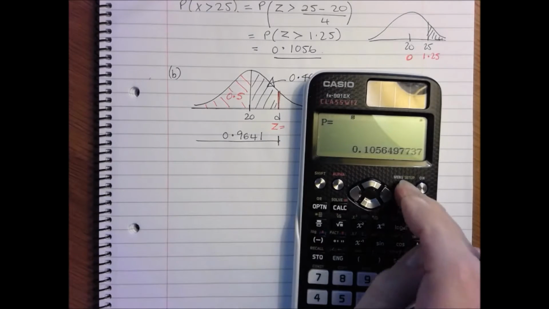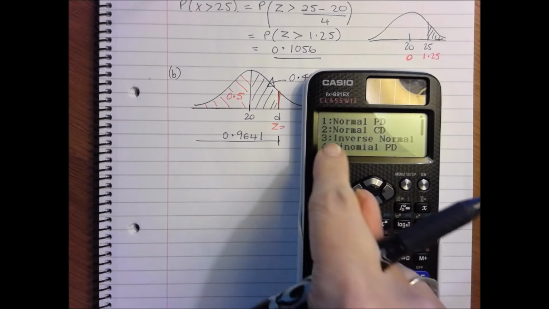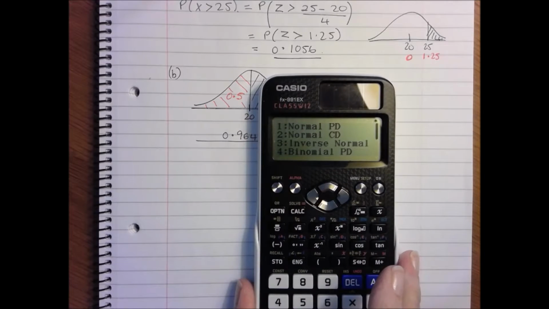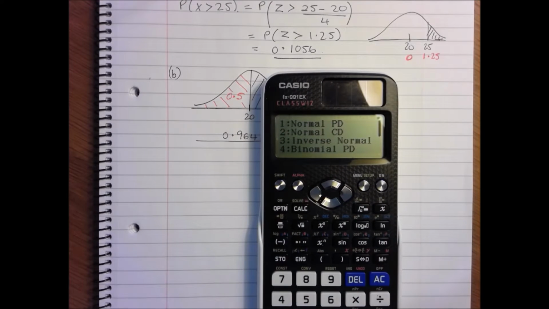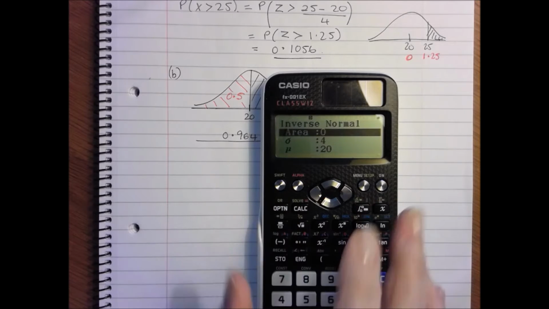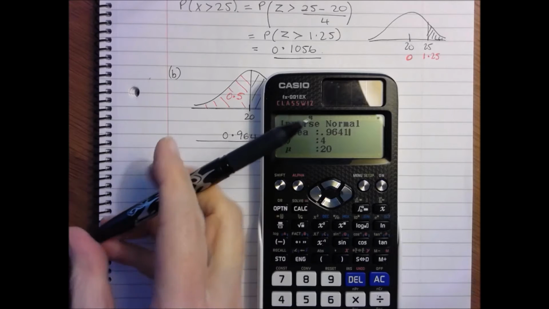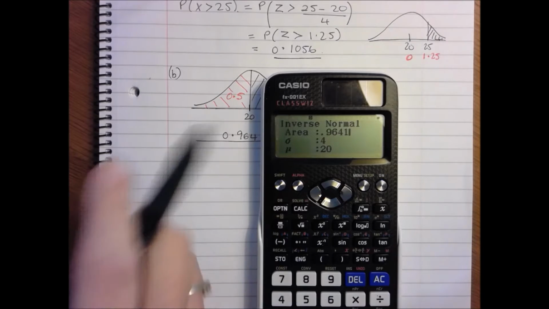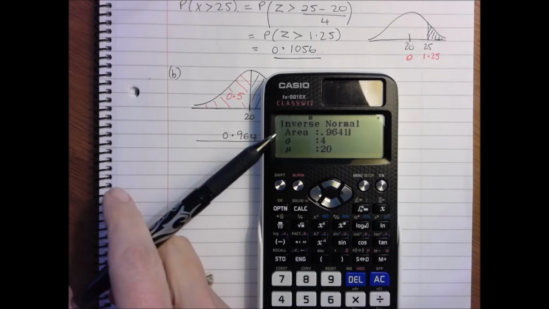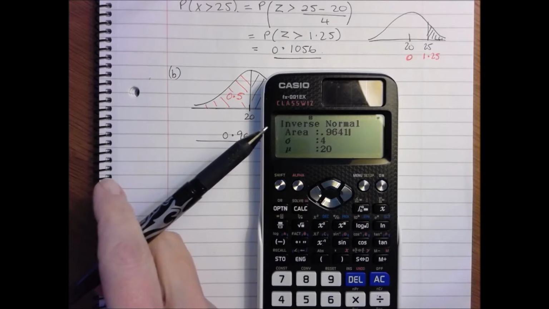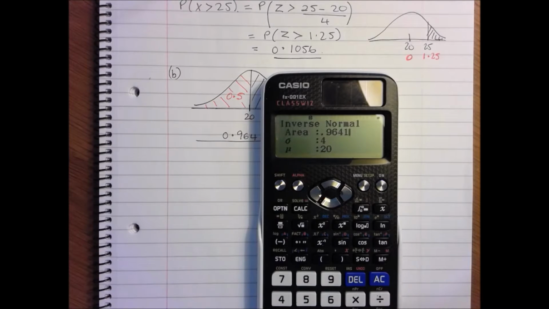So what I want this time is my inverse normal. So that's number 3. And my area is 0.9641. In this one here, what you do is you always put in areas to the left, so the total area to the left. Because I'm standardizing, my sigma is 1 and my mean is nothing. And this gives me a z value of 1.800.